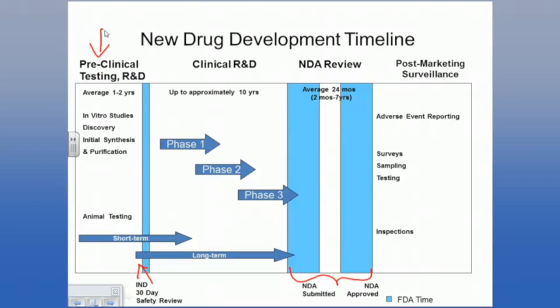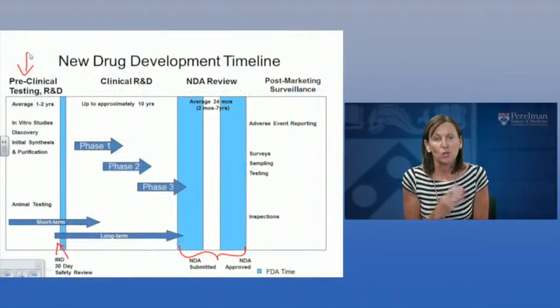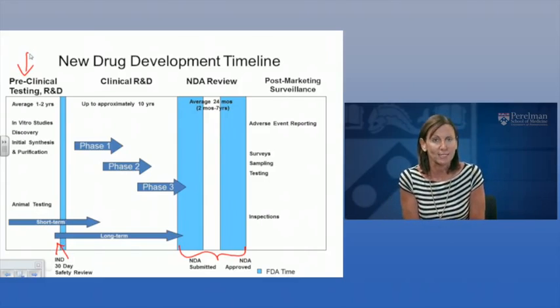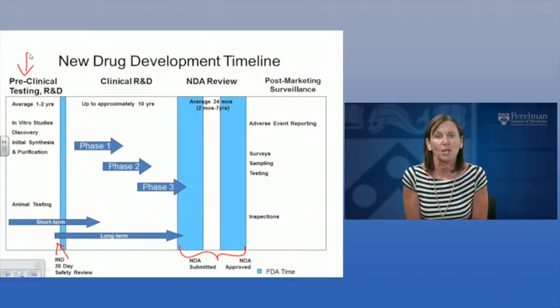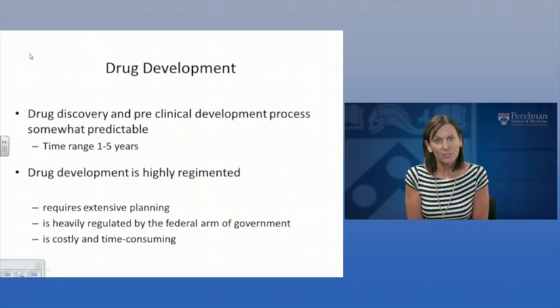And then post-marketing surveillance after the drug has been approved to ensure that it continues to meet the safety and efficacy requirements of the regulatory authorities in your country. So we're going to use this schema throughout the next three sections, 9, 10, and 11, to go into further detail of how we apply the basic principles of pharmacokinetics and pharmacodynamics to this process of drug development.